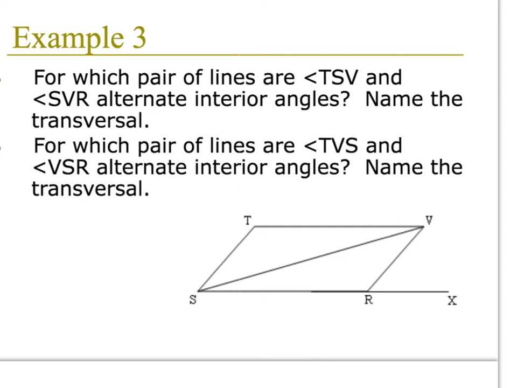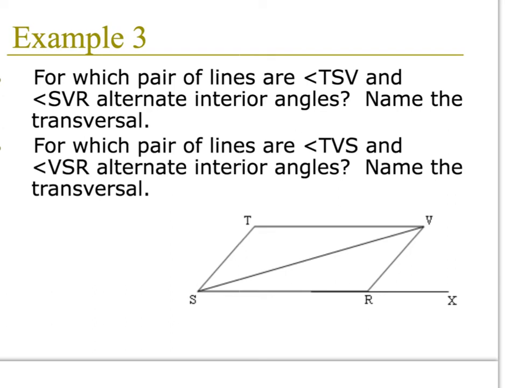Well, I've got to make sure my lines and my transversal make the angles. So TS and VR would be the two lines, and SV would be my transversal in that case. I'm going to undo these so we can use this same diagram again.